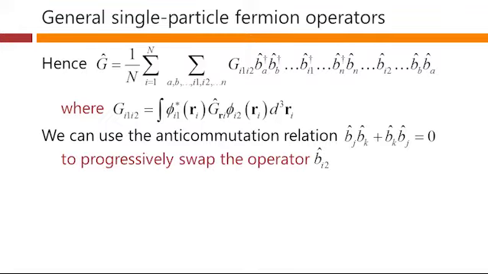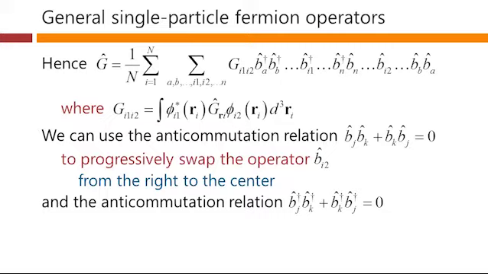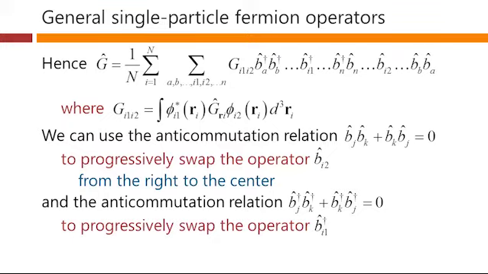We use it to progressively swap this operator from the right to the center, and we can use the anti-commutation relation for the creation operators to progressively swap this operator all the way from the left-hand side to the center.